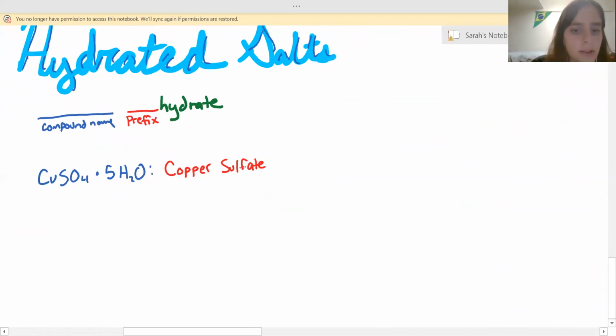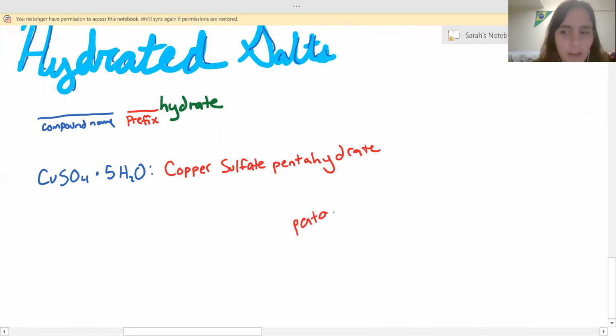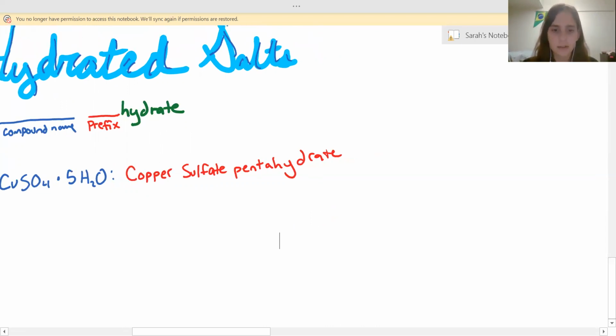So this will be called copper sulfate pentahydrate. One thing to note: when your prefix ends in a vowel and your element starts with a vowel, if you did have 5 oxygens, for example, instead of pentaoxide, it would be pentoxide, just because that diphthong is kind of excessive.